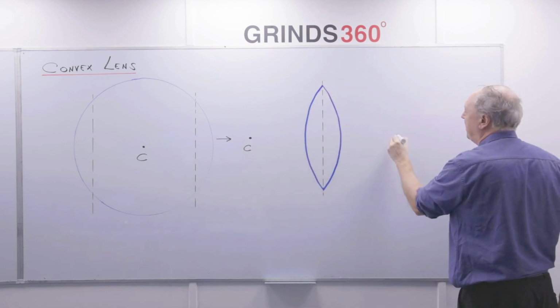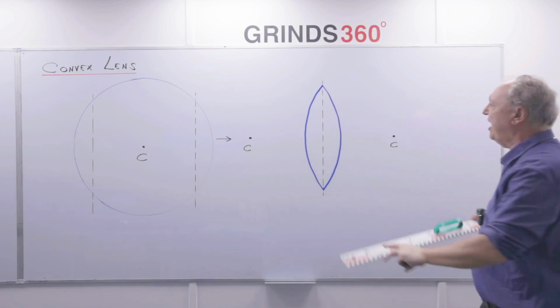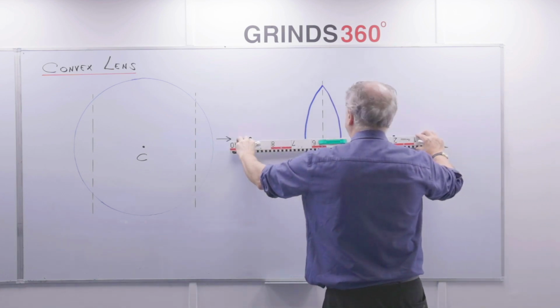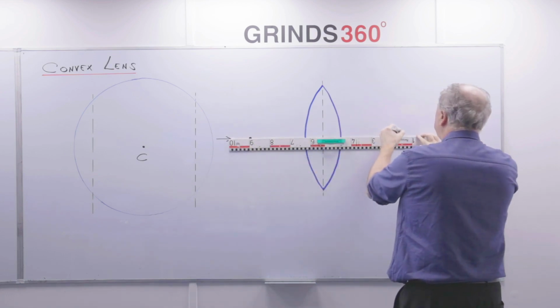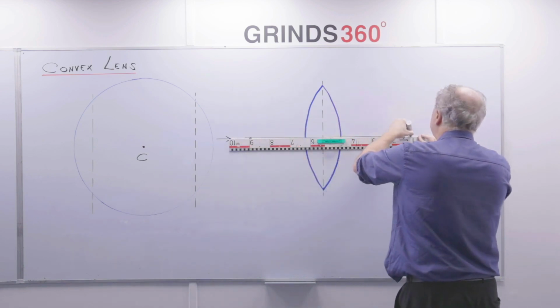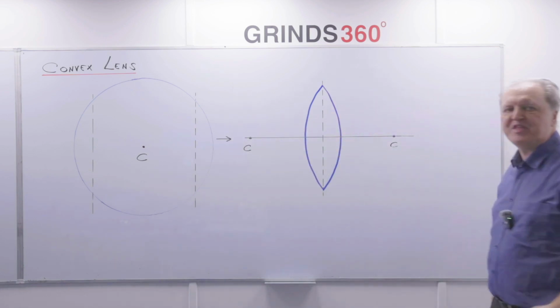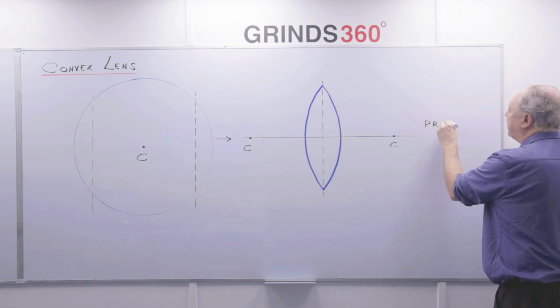And the left-hand part has its center C there. If I draw a line through those 2 centers of curvature, perpendicular to the joining line, well, that line there is called your principal axis. So we've had that before when we did mirrors. That there is my principal axis.